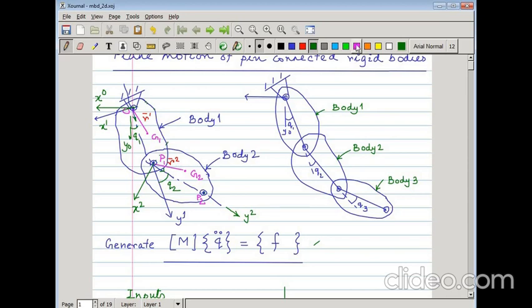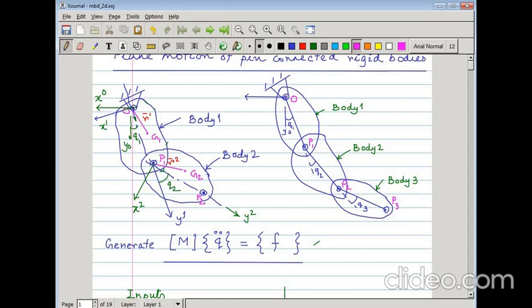Here another body will be connected, so this is the pin in body 3, P3. Obviously pin 2 is shared by both body 2 and body 3. Pin 1 is shared by both body 1 and body 2. And this is the hinge point which we call O.